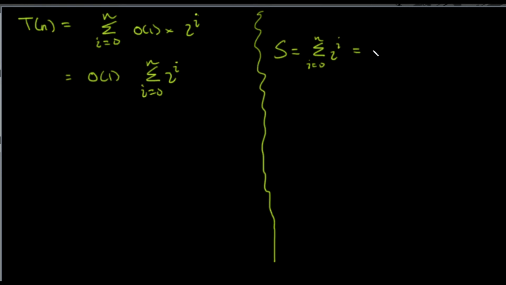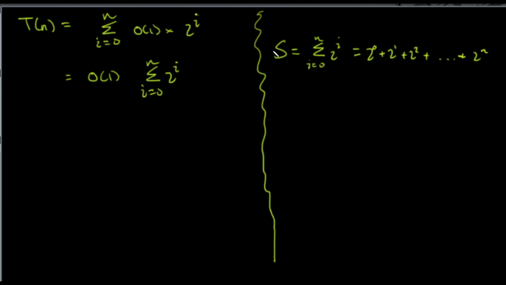That's going to be 2 to the 0 plus 2 to the 1 plus 2 to the 2 plus dot dot dot all the way down to 2 to the n.